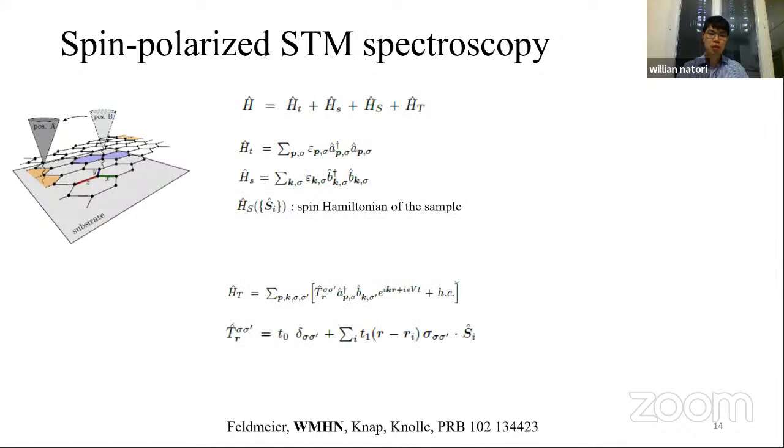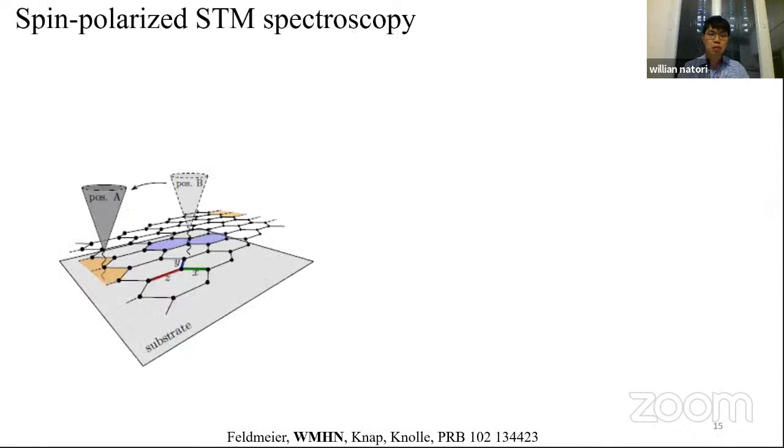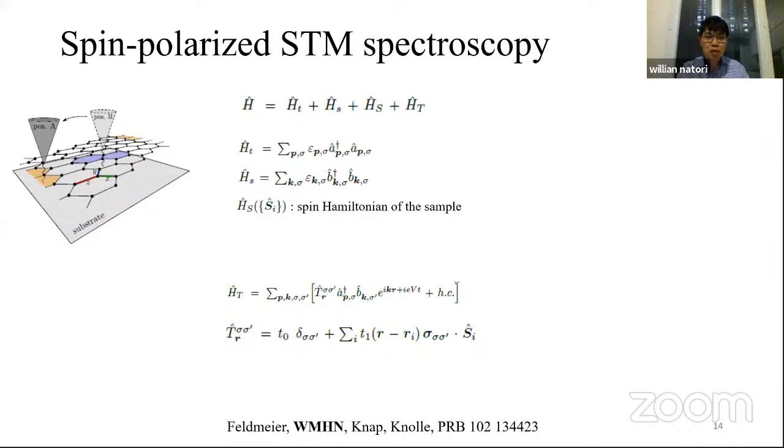So here's the physical system, and here's the Hamiltonian. It will have the tip, of course, and there will be a metallic substrate, and you use your magnet as the insulating material that lies between the tip and the substrate. So there will be a tunneling current between this metal here and the metal here.